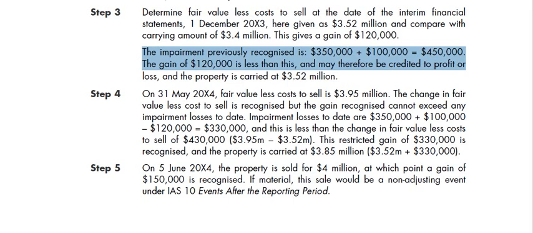So if you have a gain, do you then credit your P&L with the 450 and then pass that gain now to OCI? Is that the correct way of doing it? That's the correct way of doing it. That's what I said earlier on. I don't understand how you didn't get me.